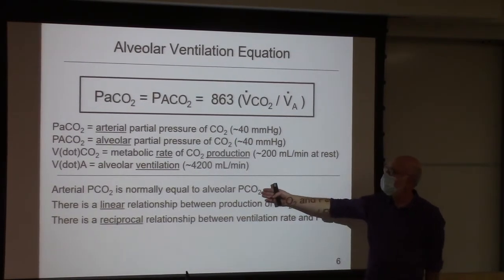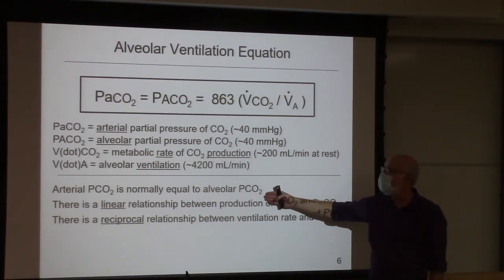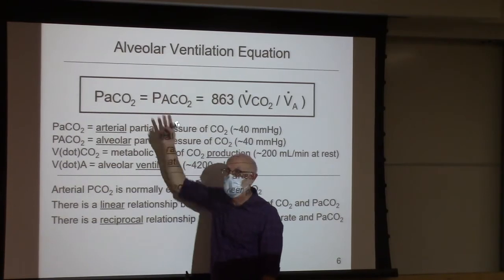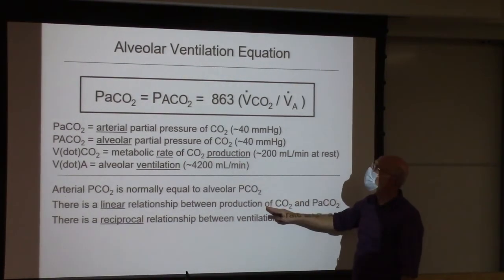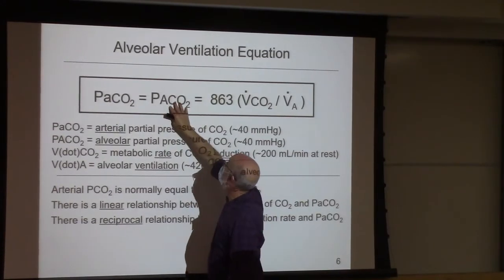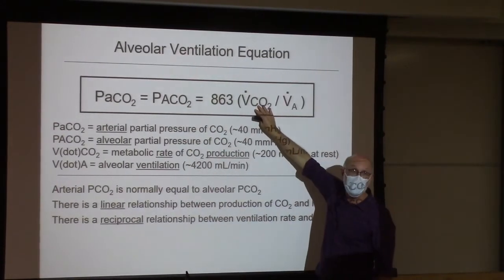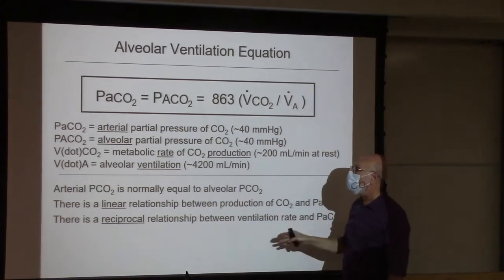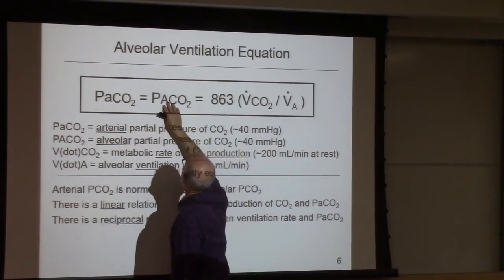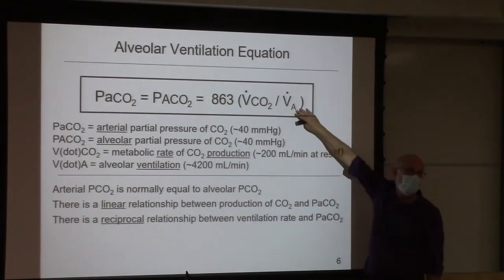We learn that arterial partial pressure of CO2 is generally equal to alveolar partial pressure of CO2. That there is a linear relationship between partial pressure of CO2 and the production of CO2. And there's a reciprocal relationship between partial pressure of CO2 and ventilation.